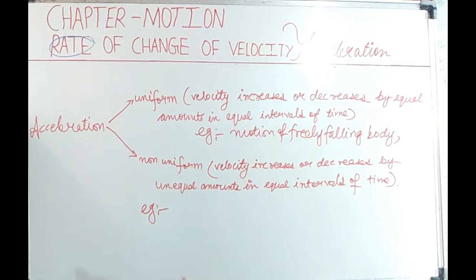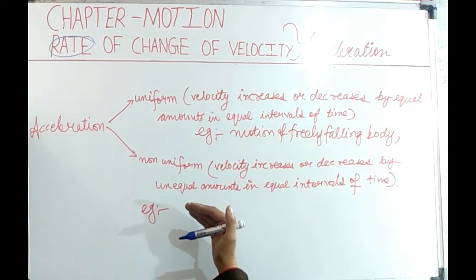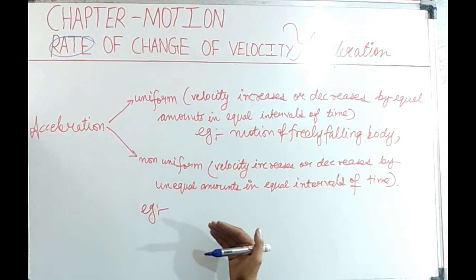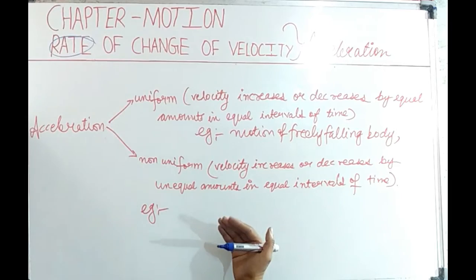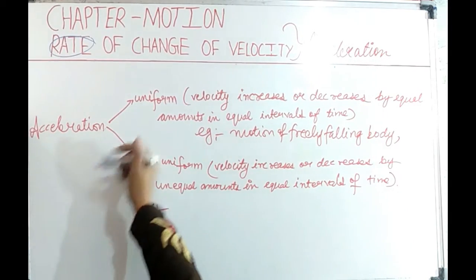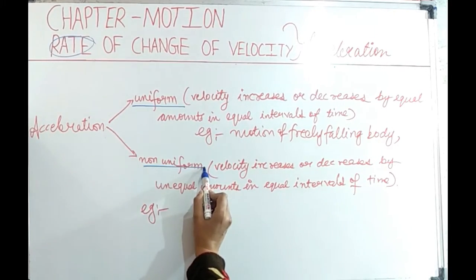Okay. We have just discussed that acceleration can be positive and negative. In the uniform motion case, we will get positive acceleration, and in the non-uniform motion case, we will get negative acceleration, which is also called deceleration or retardation. Now we are going to discuss that acceleration is of two types: uniform acceleration and non-uniform acceleration.